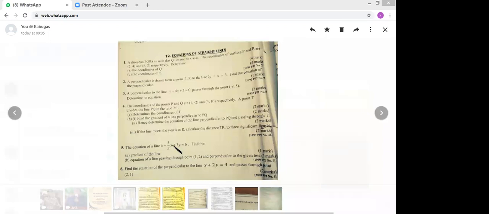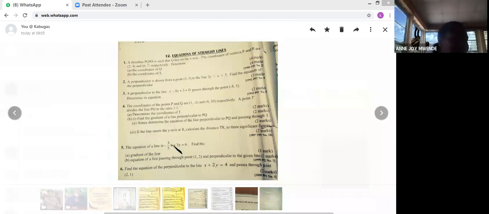Then now get TR. TR is the coordinate of R minus the coordinate of T. Then square the x coordinate, add the square of the y coordinate, then get the square root.